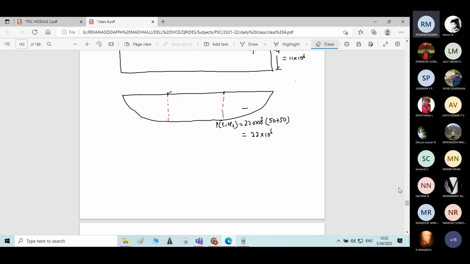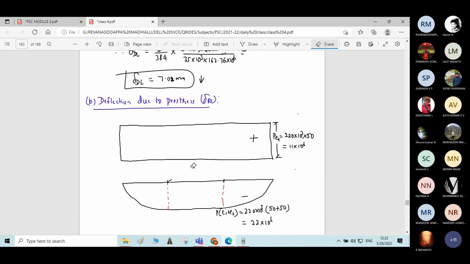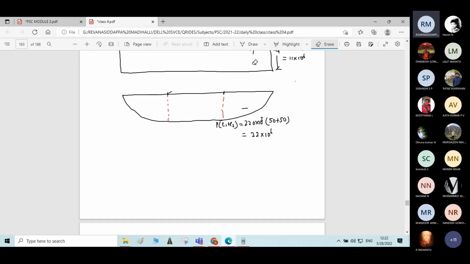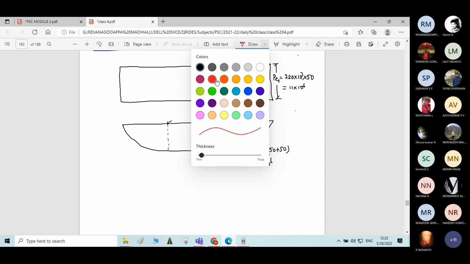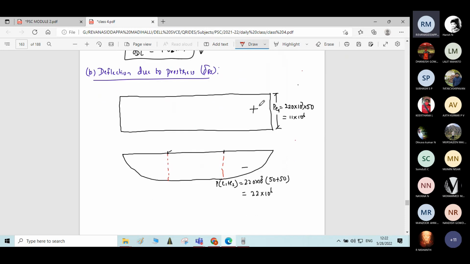We will resume the class. Now I will take half of the BMD. Write the center line here. Let me shade half of the BMD.